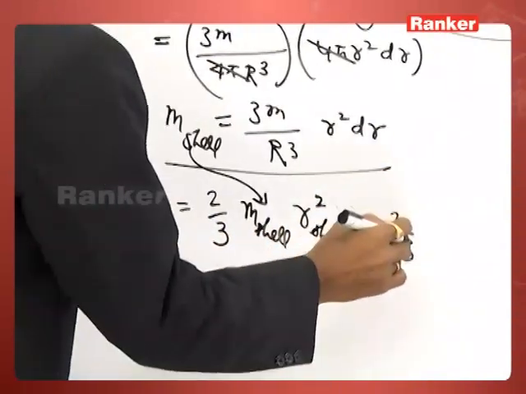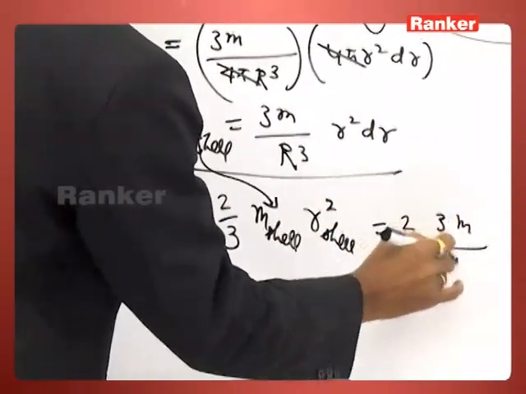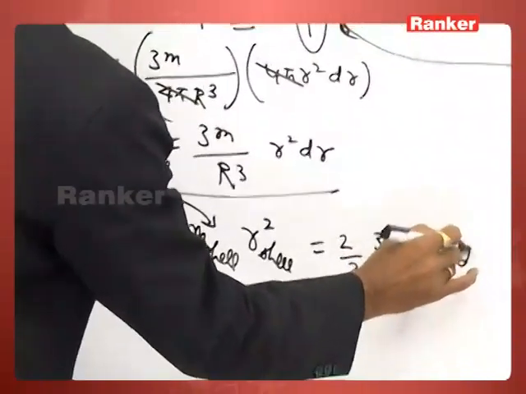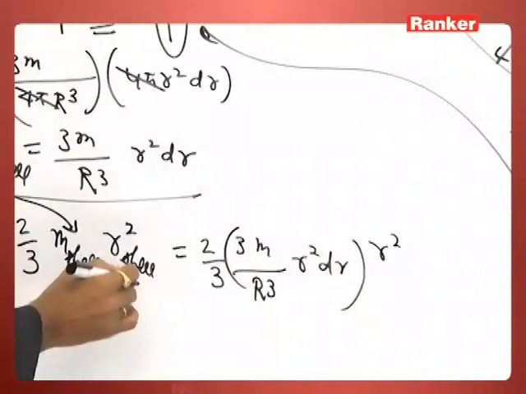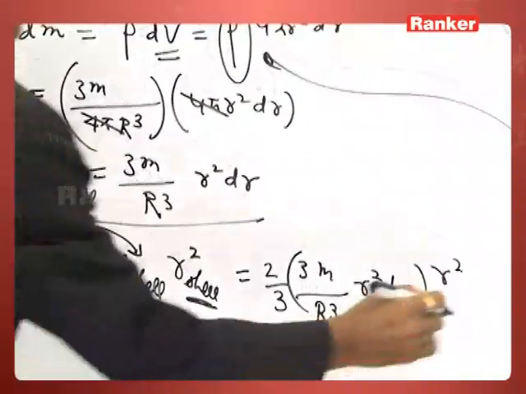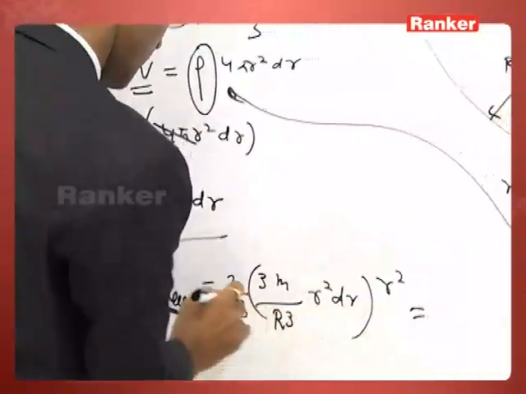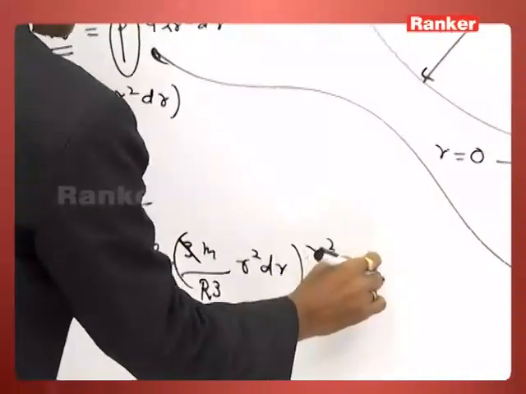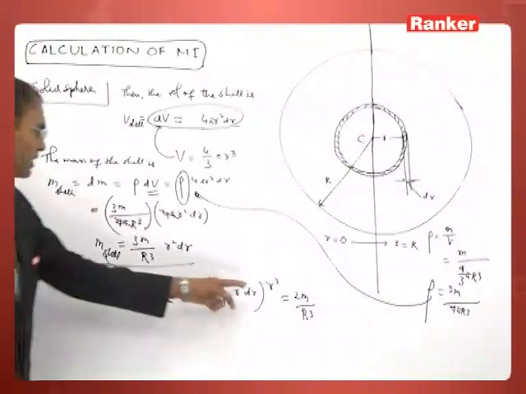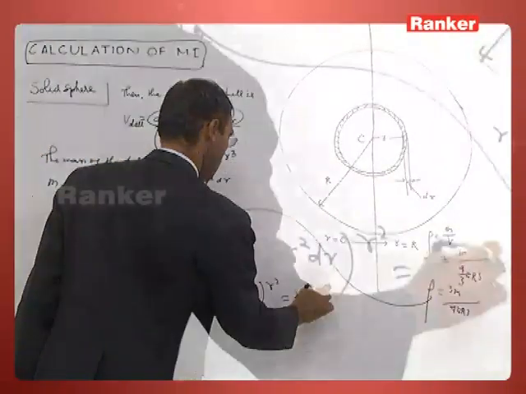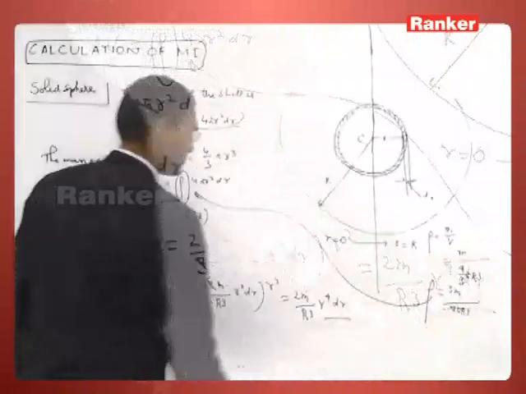This will be 3m by r cube r square dr into the radius of the shell, let it be r. So, 3 will be getting cancelled. 2m by r cube r square into r square is r to the power 4 dr.